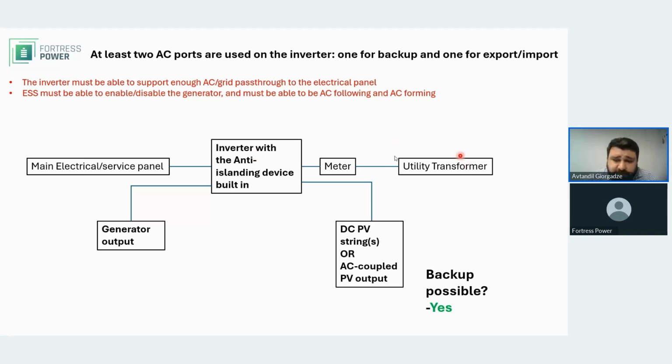So we still have the utility transformer, we have your meter, and then instead of a microgrid interconnection device, we have an inverter, which, if you think about it, incorporates microgrid interconnection device functionality in itself, because you still have a generator connected to it, you still have DC coupled PV or AC coupled PV.